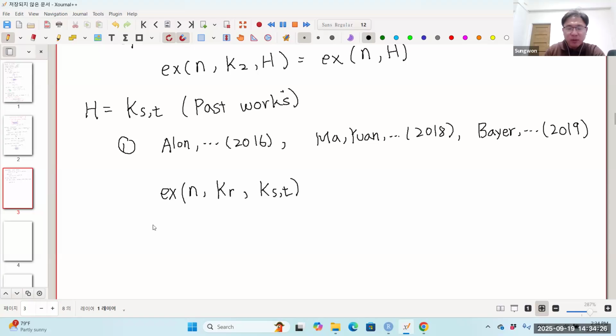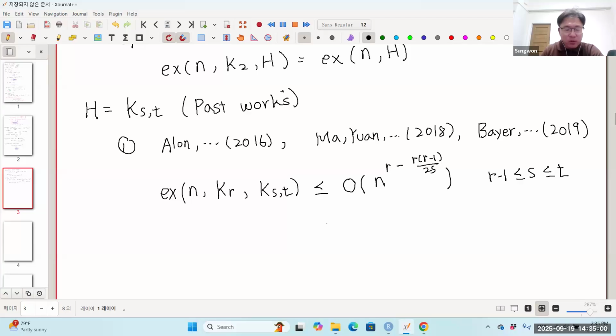And of course, r has to be, no, actually, it's case by case. And this one is actually less than or equal to order of n to the r minus r times (r minus 1) over 2s, when r minus 1 is less than or equal to s and s is less than or equal to t.